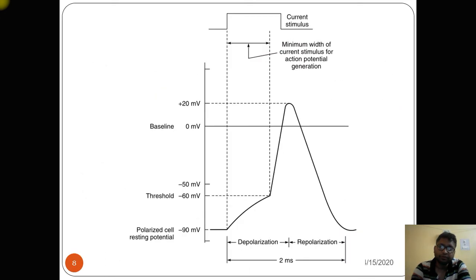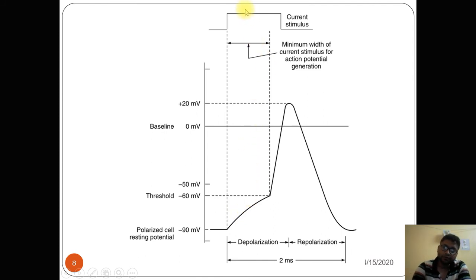If we see the generation of bioelectric potential, this is also known as the action potential. When we provide a stimulus like this, suppose the cell is at minus 90 millivolt. When it receives a stimulus, the potential of the cell becomes less and less negative.